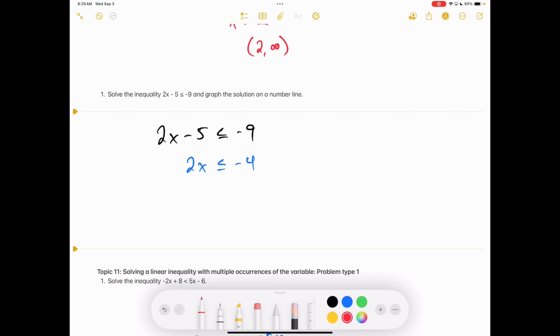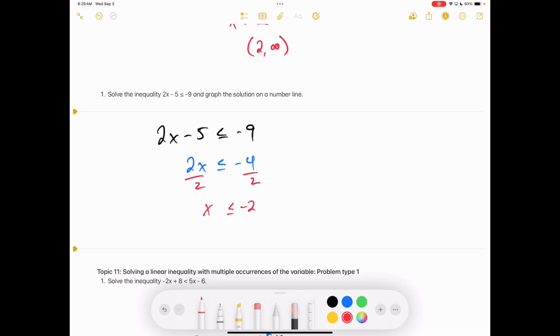On this one, just a common mistake, I'm going to divide by 2. So I get x. I do not flip the sign. I'm dividing a negative number, but I'm dividing by +2. So it's only if you divide by that number, okay? If you divide by a negative number, don't get confused and think if you divide a negative number. It's if you divide by a negative number, then you flip the sign.